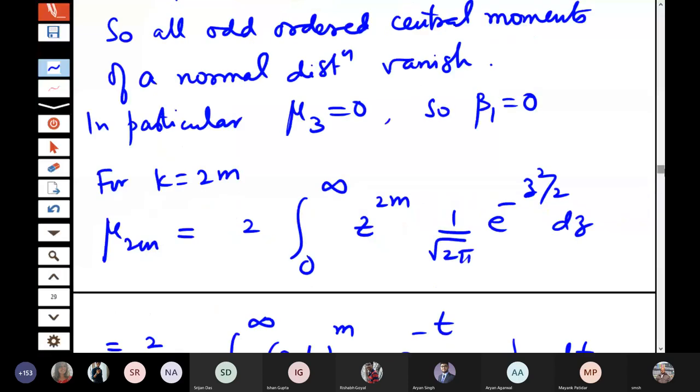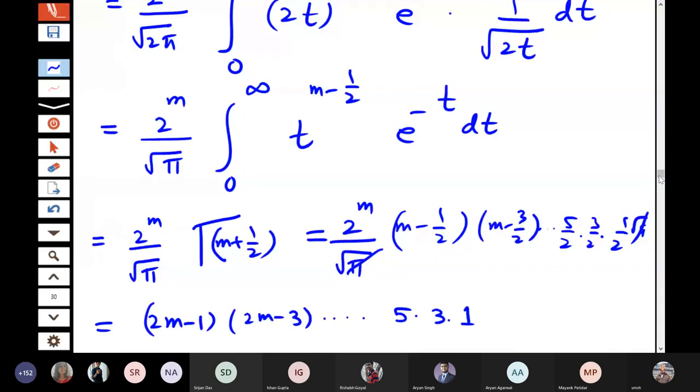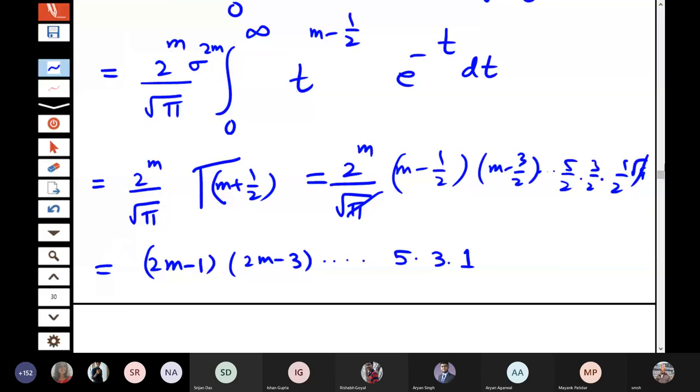So mu 2m is this into sigma to the power 2m, because we had put expectation of x minus mu by sigma to the power k.